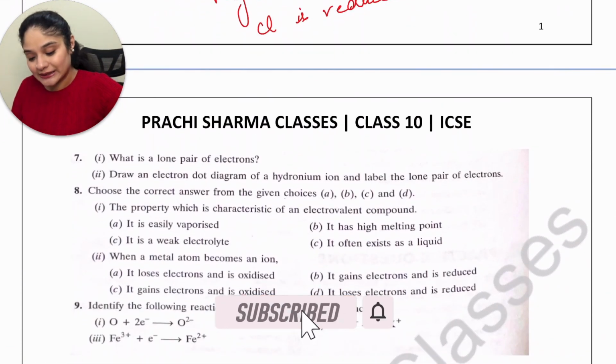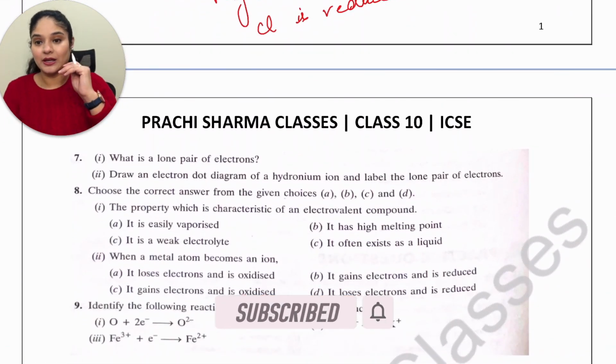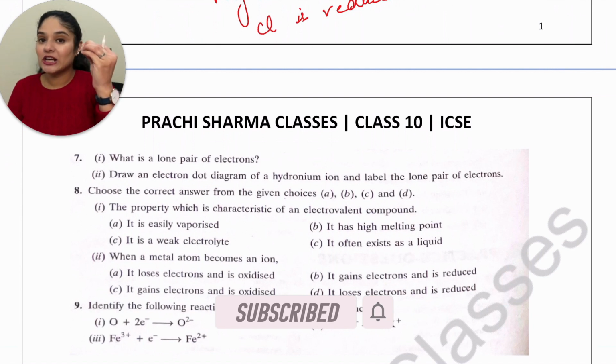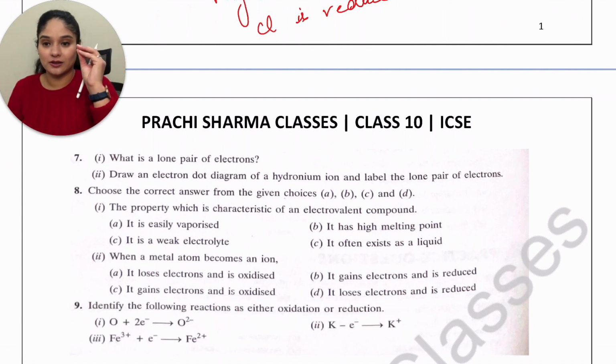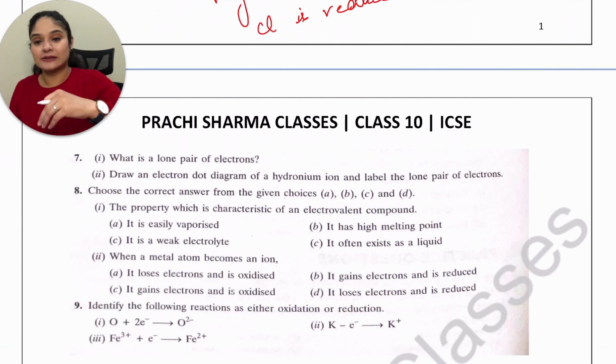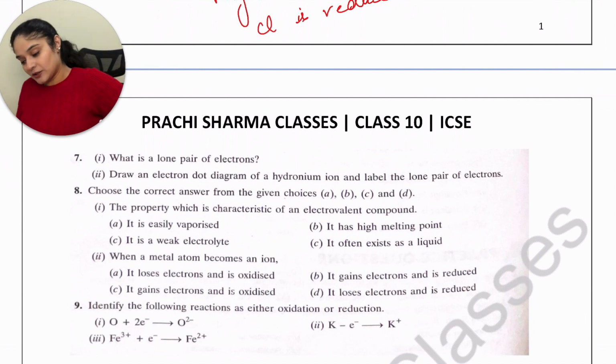What is a lone pair of electrons? Okay, so when you have a shared pair of electrons that is not involved in the bonding, that left out pair of electrons is known as a lone pair of electrons. So let me write the definition wherever I get space.